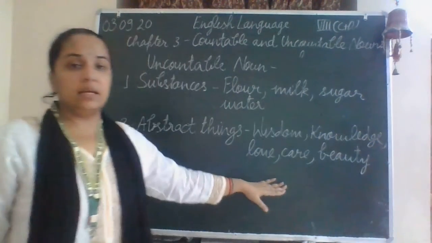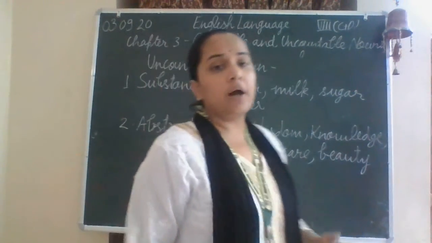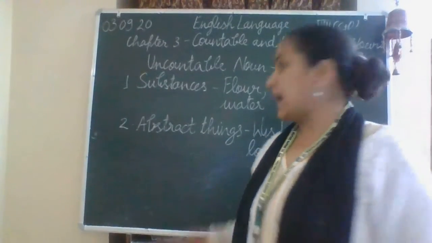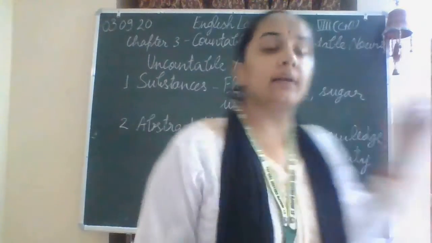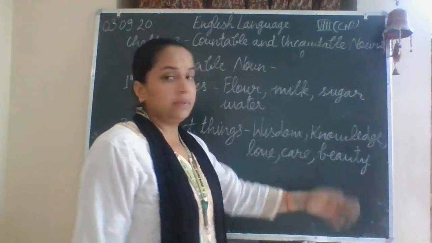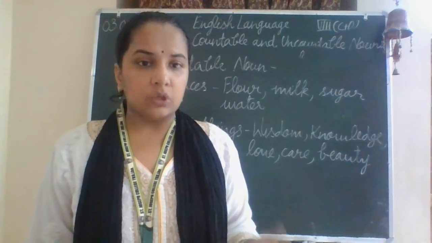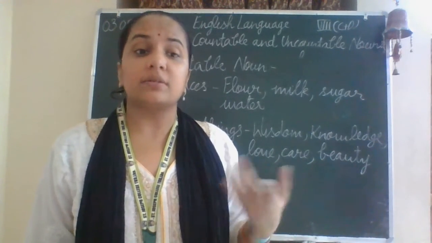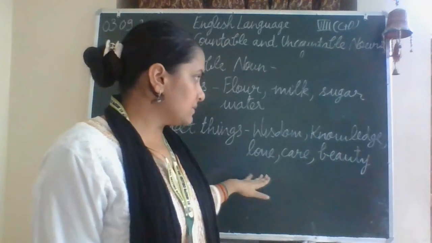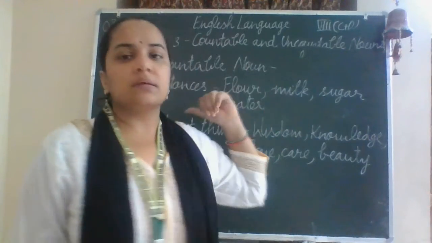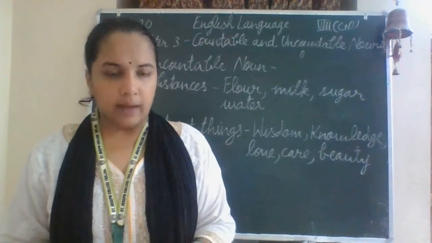All these are uncountable nouns and abstracts which you cannot physically touch. So wisdom you can understand, knowledge you can understand, love and care you can feel, beauty you can see, but you cannot physically touch those things. You cannot touch the love, you cannot touch the care. So these are the abstract things, and for these things we call them uncountable nouns.